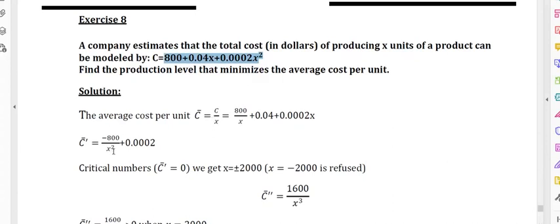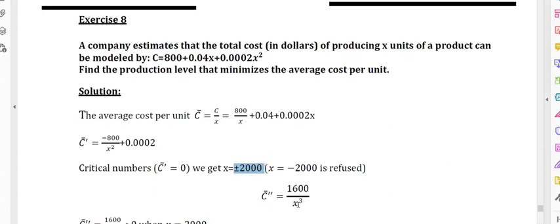So we get the first derivative and equate it by 0. The first derivative is simply derived and equated by 0 to get the positive and negative 2000. And because again the x here is representing a production level, we would reject the negative, going with the positive. We might get the second derivative in order to indicate the type of the peak at the 2000.